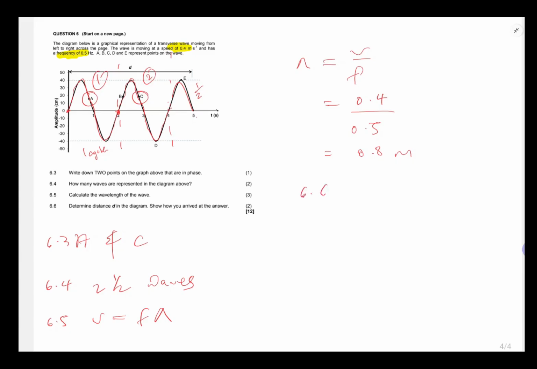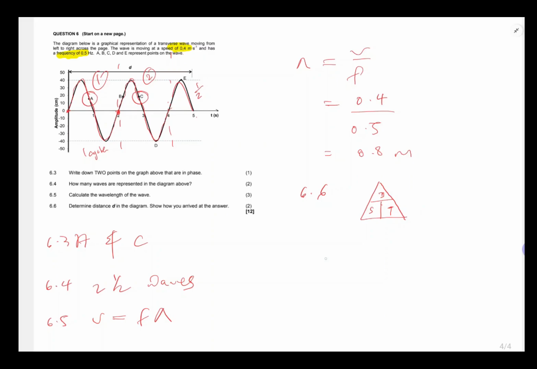In 6.6, the last question, they say determine the distance in the diagram. We can use the speed, distance, time triangle. Here is the distance, here's the speed, and here's the time. Because we have the speed, we also have the time.